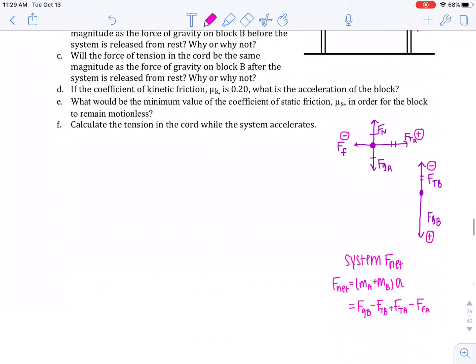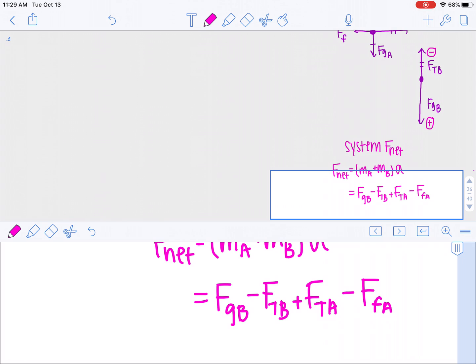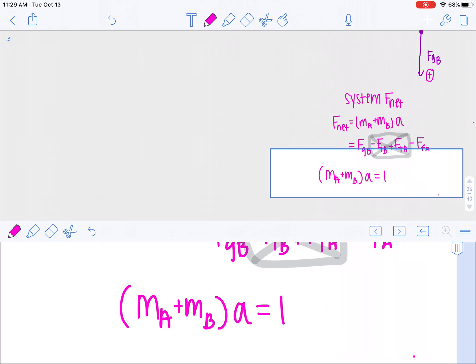Those forces together combine to make a net force. These two forces are the same in magnitude, so they're going to cancel out. What I'm left with is MA plus MB times A, common mistake, is equal to FGB minus the force of friction on A.